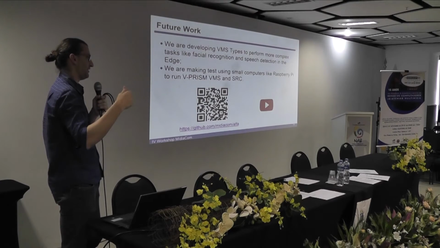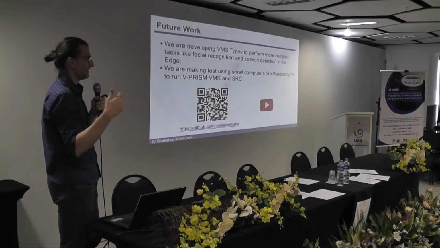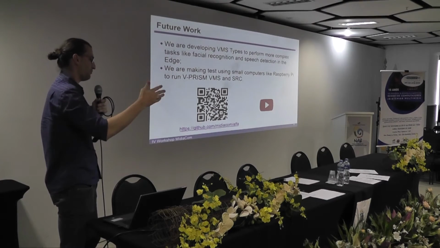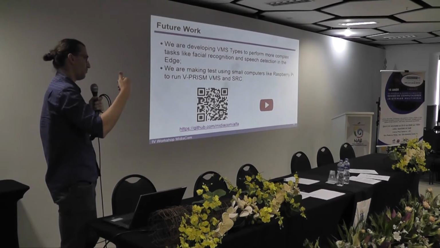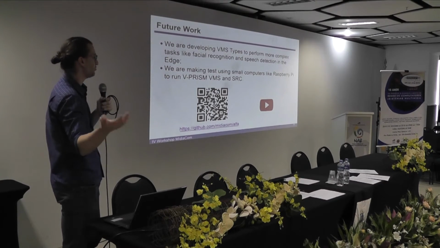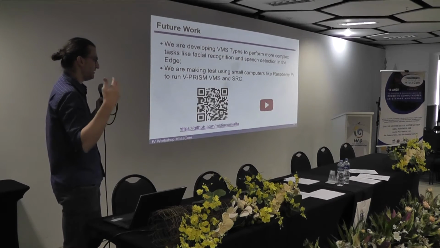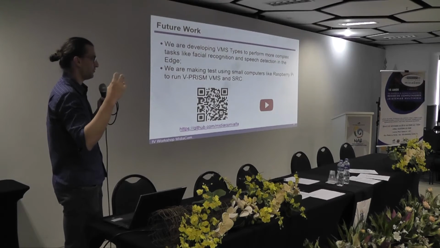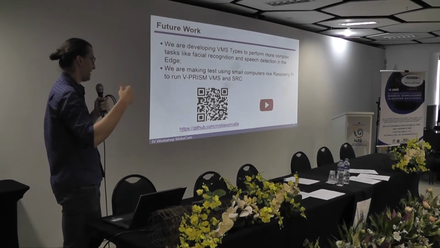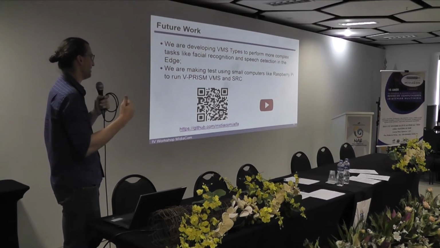And it permits us to improve. For example, if we need more computation power, we can migrate this Docker container to a better machine. The idea is to develop an architecture that could be improved by creating new types of VMS.